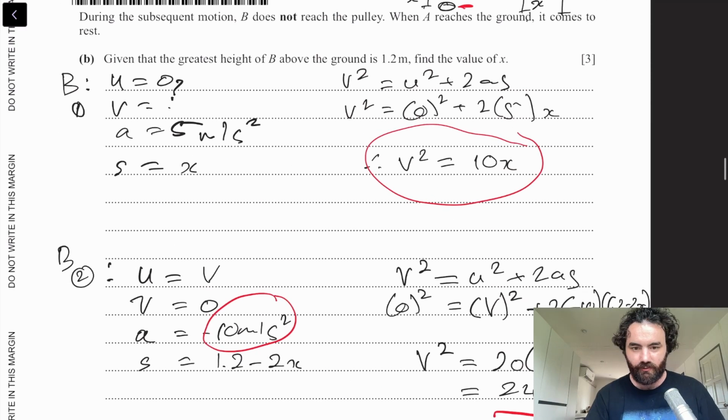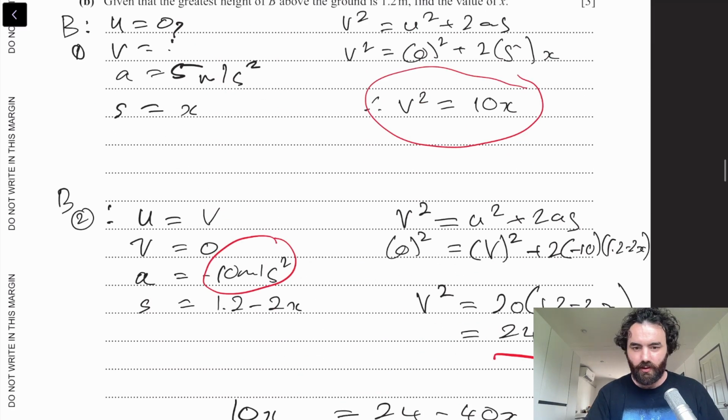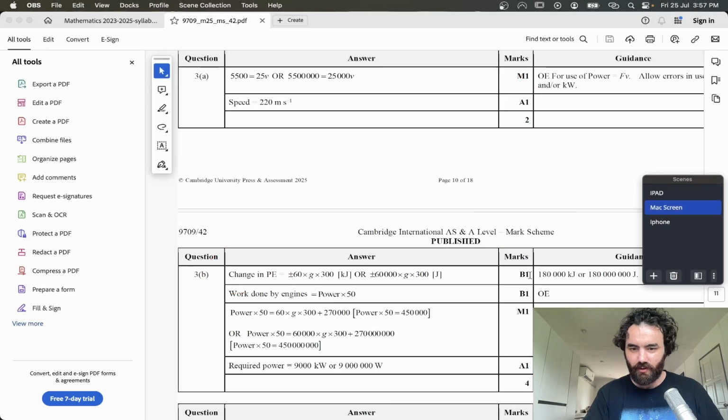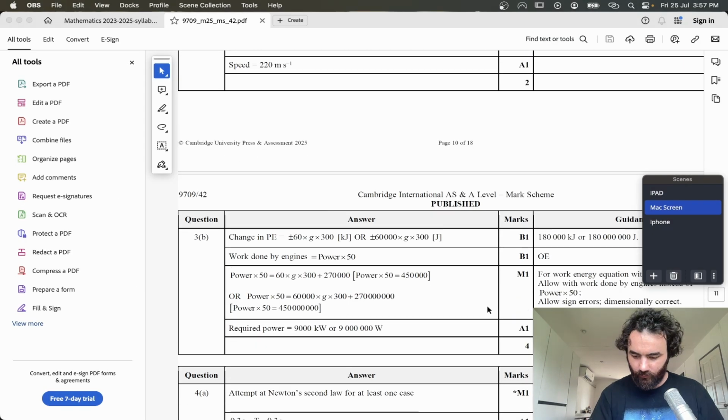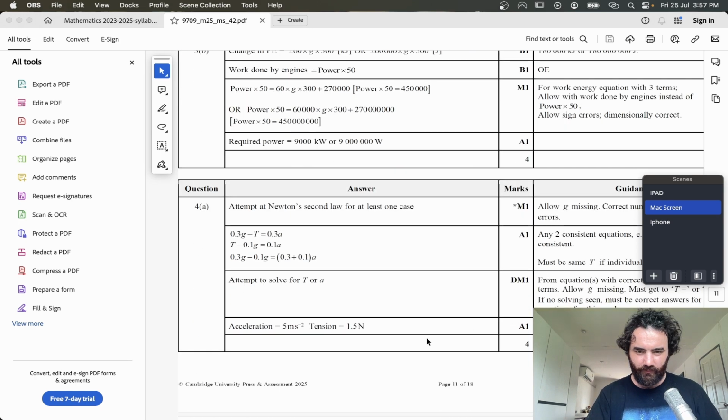I should check that that's right first. Okay, where are we at? Okay, we've got the first one. We should check first. 5. Correct. And 1.5.